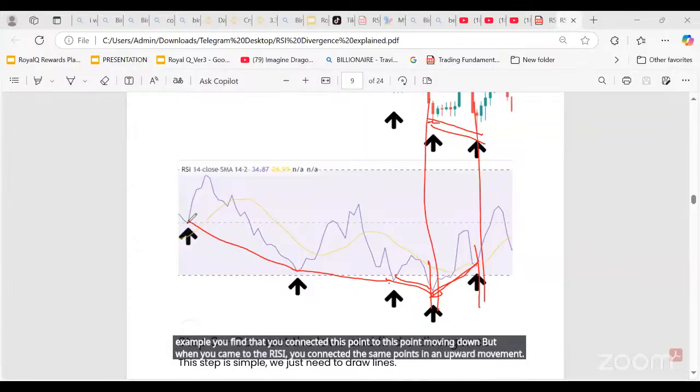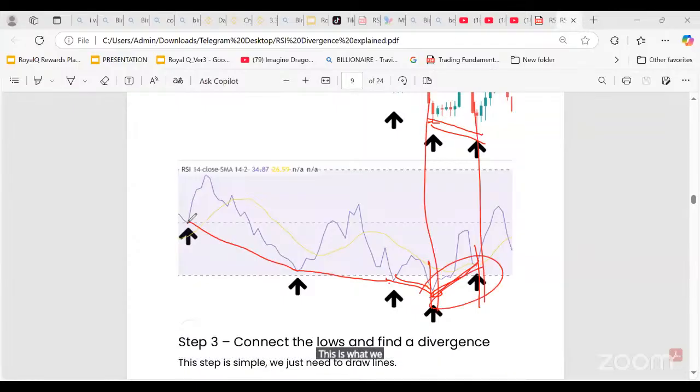This is what we call a bullish divergence. The market is forming lower lows, while the RSI is forming higher lows. So those important points are very key when it comes to making a decision to use the RSI divergence.